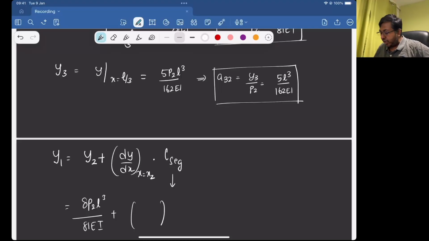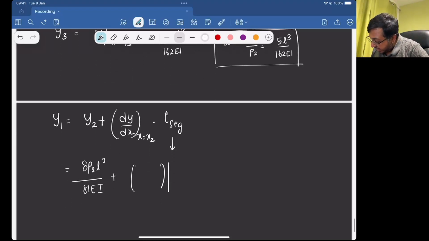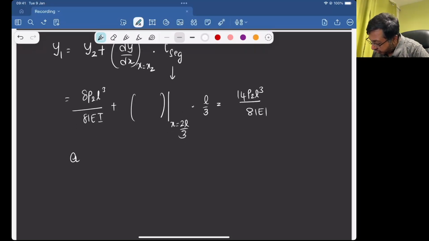I'll leave it to you to differentiate with respect to x to calculate the slope, and substitute x equal to 2L/3, multiplied by L/3. If you do this, you get 14 P2 L cubed over 81 EI. In other words, my flexibility coefficient A12 is y1 over P2, which is 14L cubed over 81 EI.